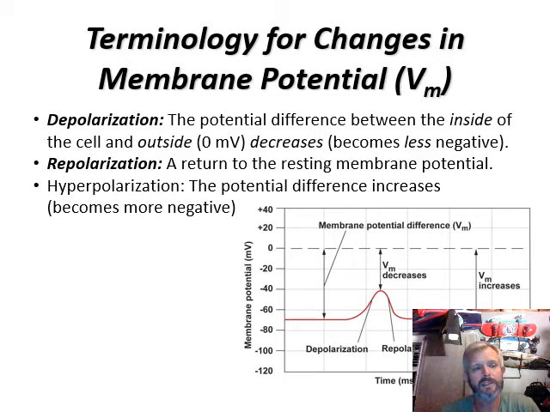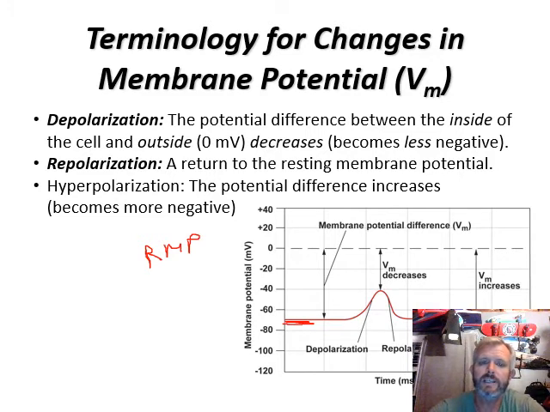So that is what maintains the resting membrane potential. We're at -70 here. That uneven ion distribution, along with the difference in permeability of sodium and potassium, keeps us at that -70. That's called our RMP, resting membrane potential.